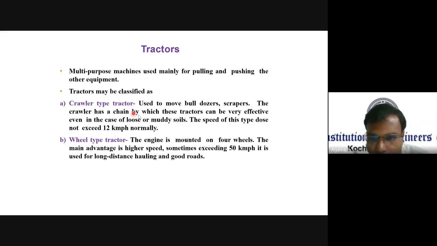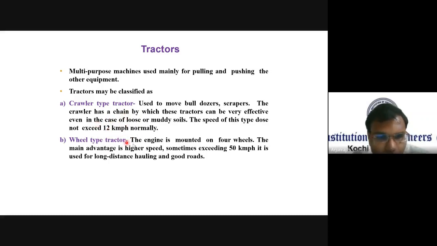In the case of cradle type, what you have is a chain, which is very useful in the case of muddy soils, or where the friction between the chain and the soil or earth is very loose, and the speed of the crawler type tractor cannot exceed 12 kilometer per hour.